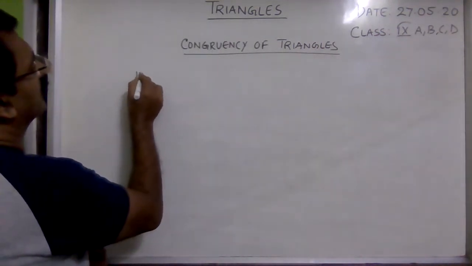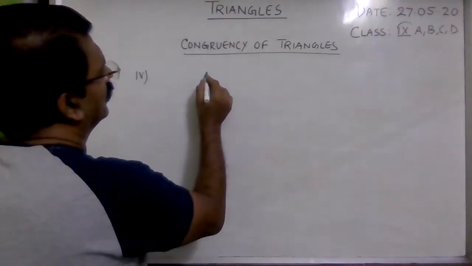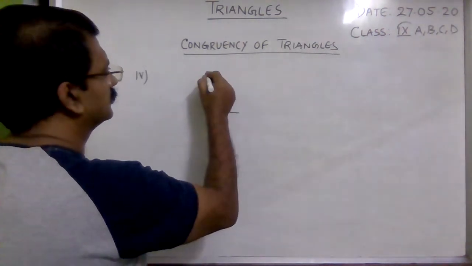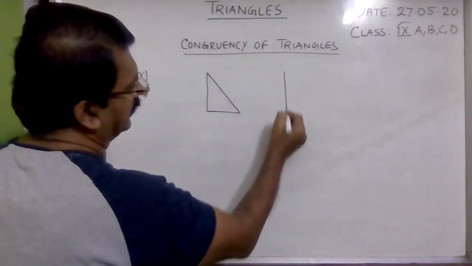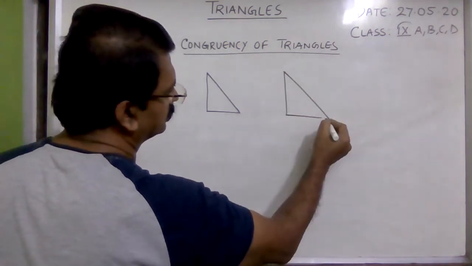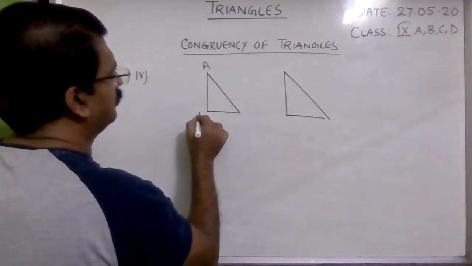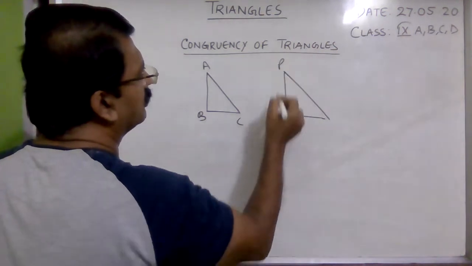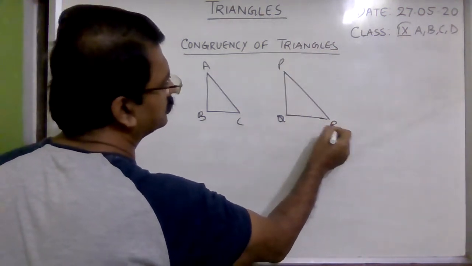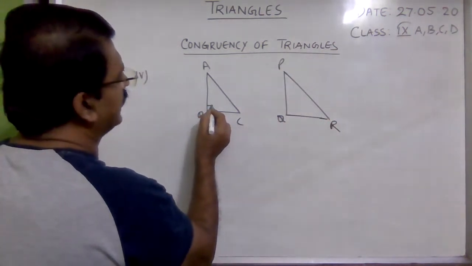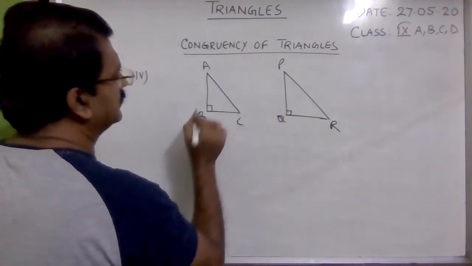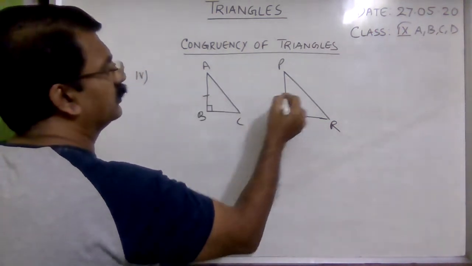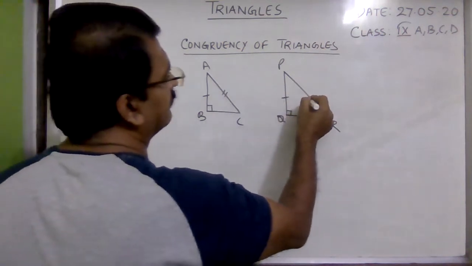And now the fourth one or the last one is, suppose there are two triangles ABC, PQR. This angle is given 90 in both the triangles. Now AB is given equal to PQ and AC is given equal to PR.